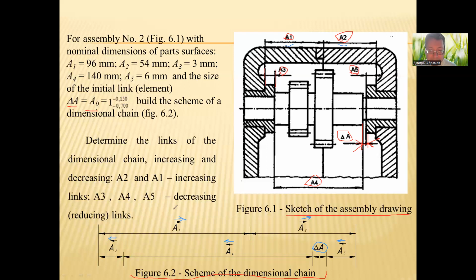So once more, A1 and A2 are increasing links. The other links, A3, A4, and A5, are decreasing links.